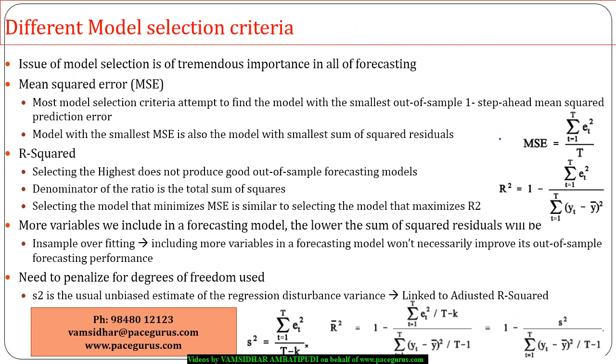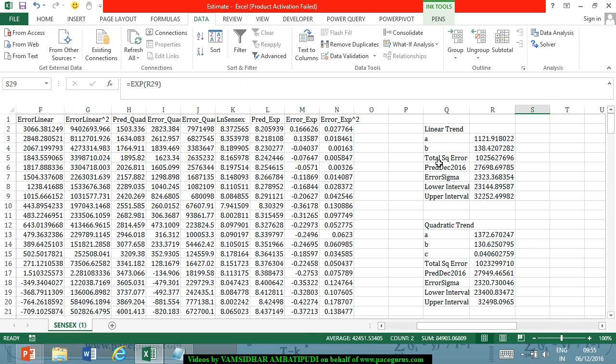Now that I have these many models in front of me, I need to know the ways in which I can select which model is the best. I need to understand that model selection is very important in this forecasting exercise. So one side is I am taking the mean squared error. We have the total squared error here.